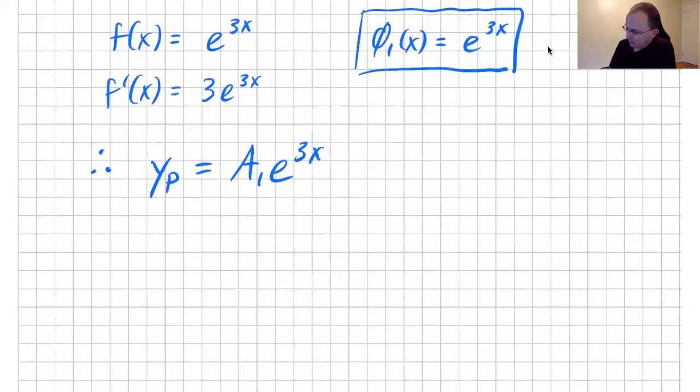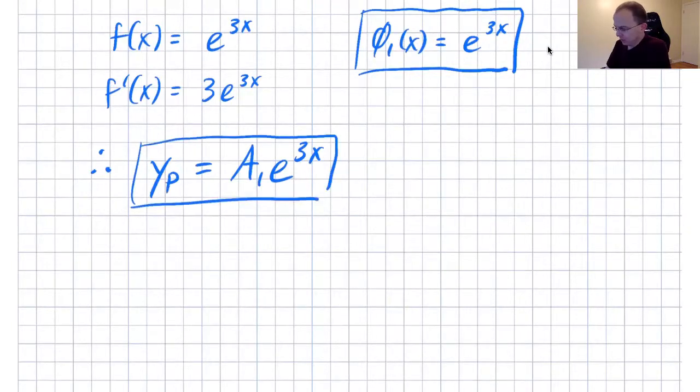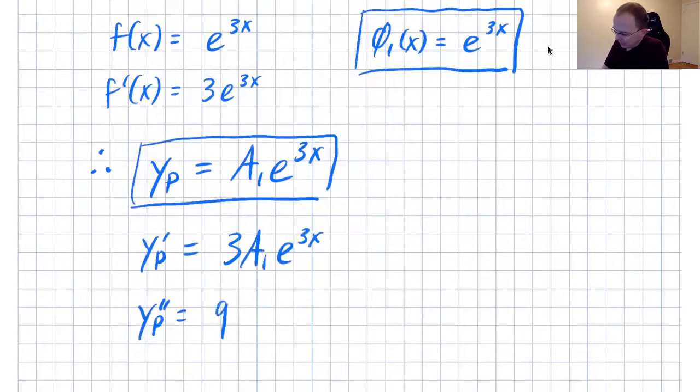And now we'll substitute this into the equation. So let me put a box around this. There's our y sub p, and we just need to determine this coefficient a sub 1. So let's substitute this in. First of all, y p prime is equal to 3a1 e to the 3x, and y p double prime is 9a1 e to the 3x.